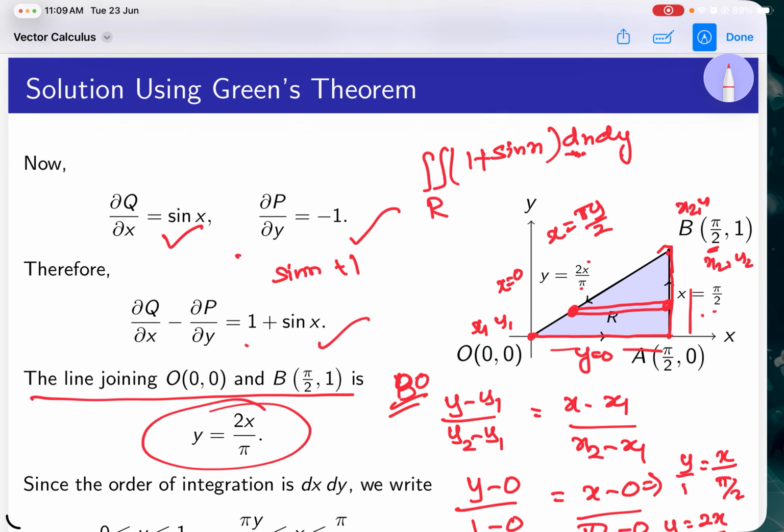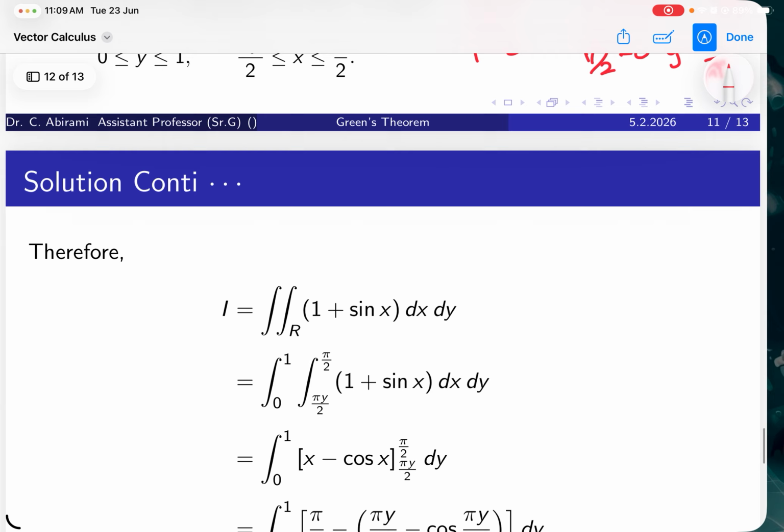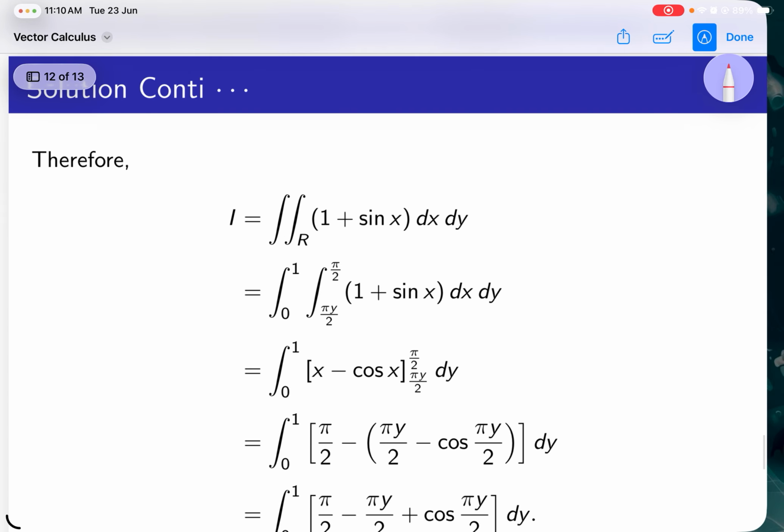So the limits of the innermost integration are pi y by 2 to pi by 2. The outermost is y is equal to 0 to y is equal to 1. So the integral from 0 to 1, and from pi y by 2 to pi by 2, of (1 plus sin x) dx dy equals x minus cos x.